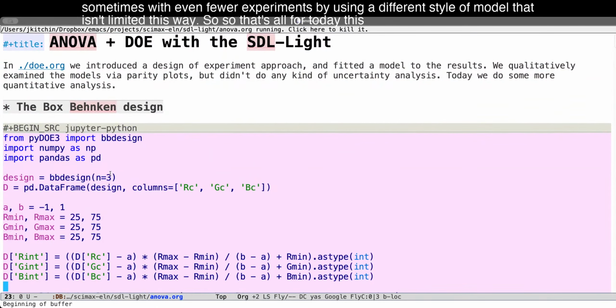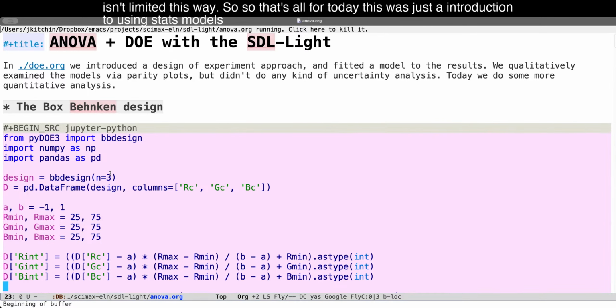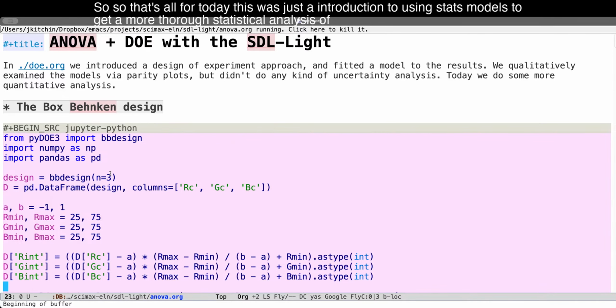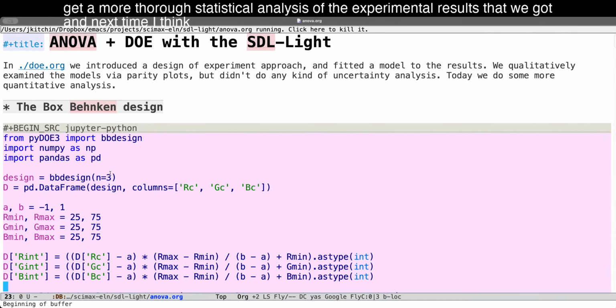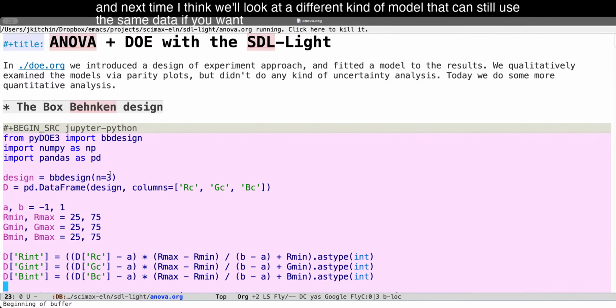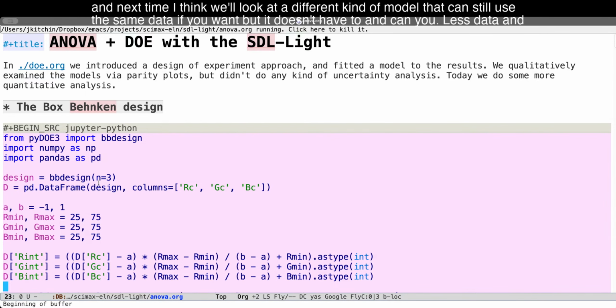This was just an introduction to using stats models to get a more thorough statistical analysis of the experimental results that we got. And next time, I think we'll look at a different kind of model that can still use the same data if you want, but doesn't have to, and can use less data and different data than this.